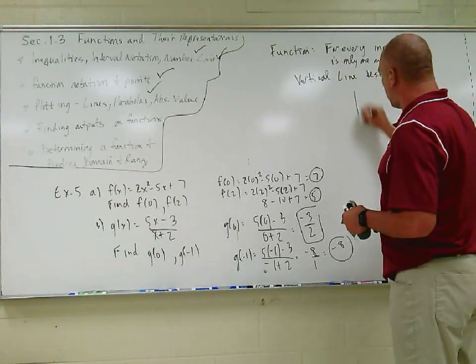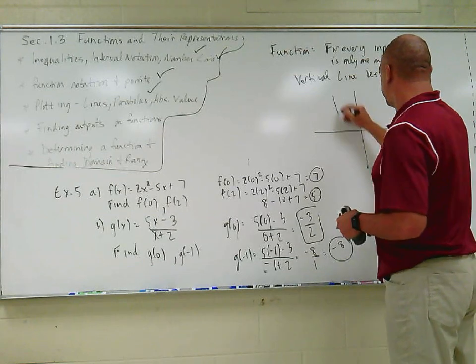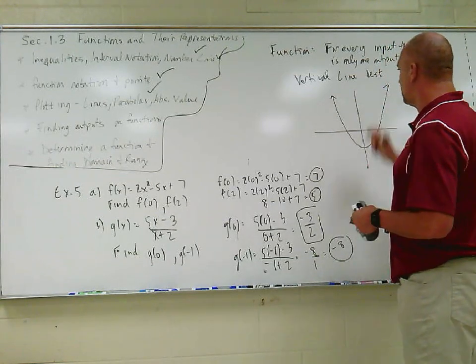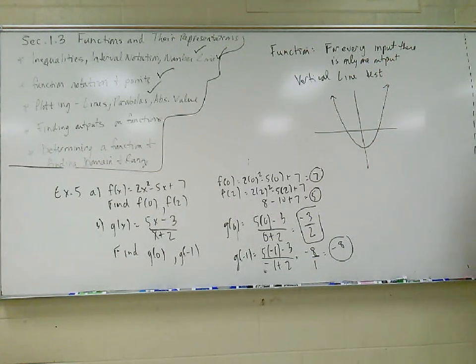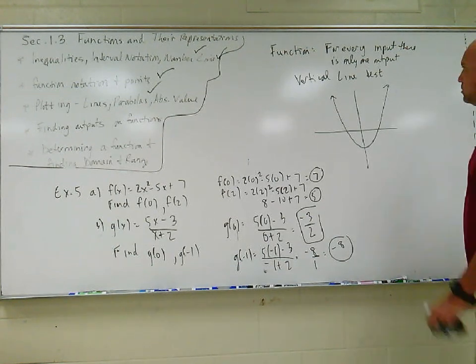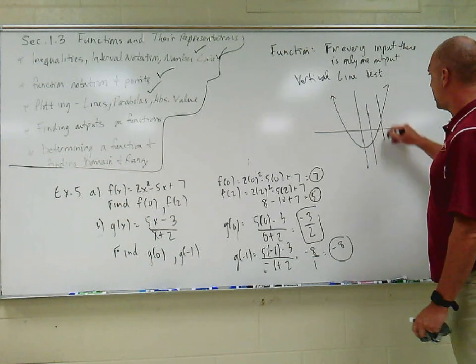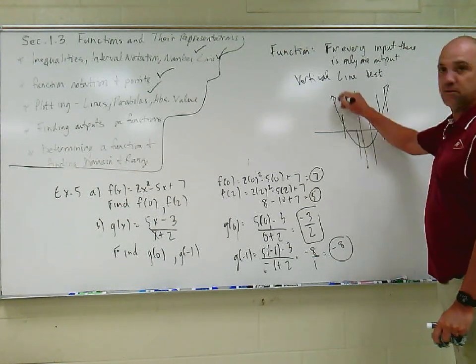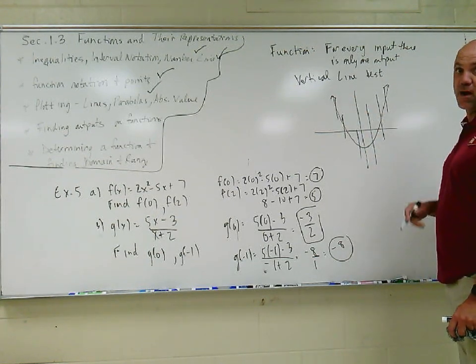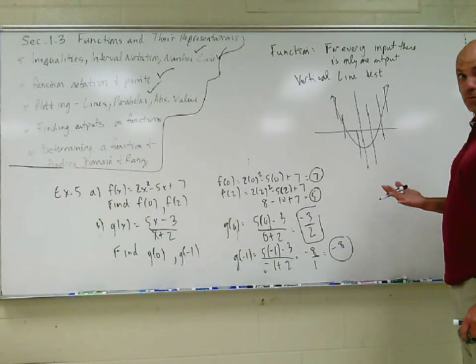So if we look at our parabola that we drew earlier, that was like this. What does that mean? Well, if I draw a vertical line and it only crosses once, it's a function. So if I ever can draw a vertical line and it crosses more than once, then it's not a function.